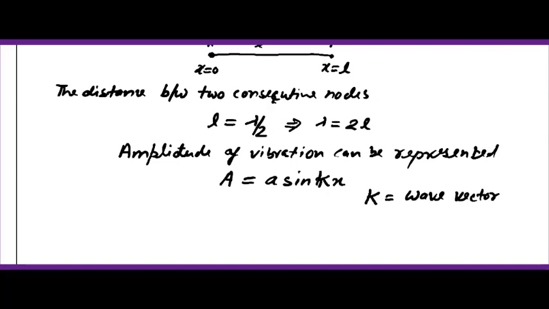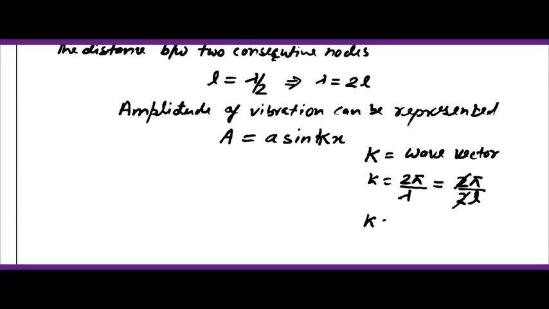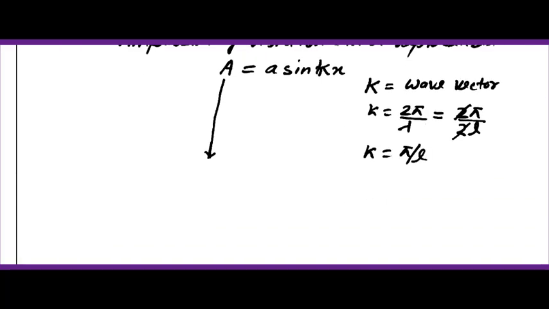The value of this wave vector is 2 pi by lambda, and lambda is 2L, so it will be 2 pi by 2L, that is k is equal to pi by L. Now this capital A is the amplitude and small a is the amplitude of the vibration, sin of pi x by L. This is equation number 1.